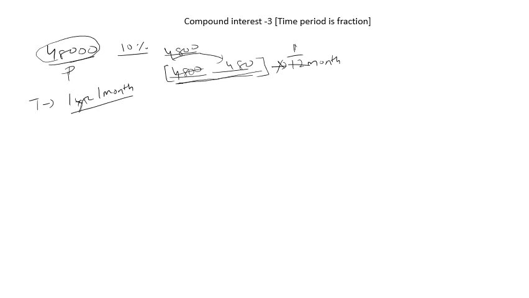This is 400 and this is 40. So the interest is 4,800 plus 400 plus 40, that is coming out to be 5,240, the compound interest for 1 year 1 month, right? Okay, now let's move to the next question.